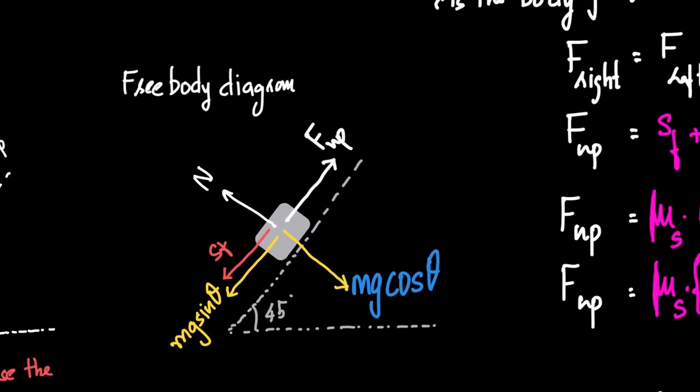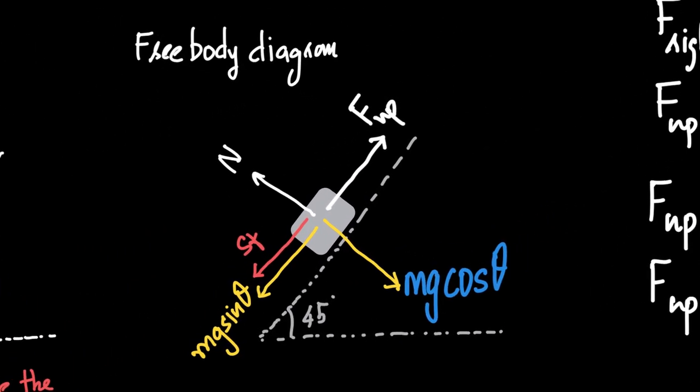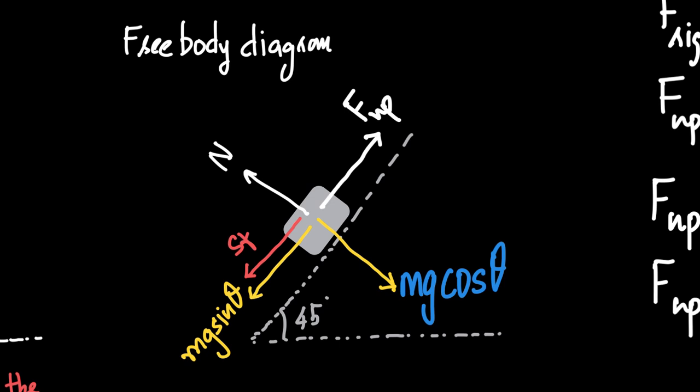Now let us see the free body diagram. In the free body diagram, we know that weight, which is acting downwards, can be resolved into two components. One component is parallel to the inclined plane, another component is perpendicular to the inclined plane.